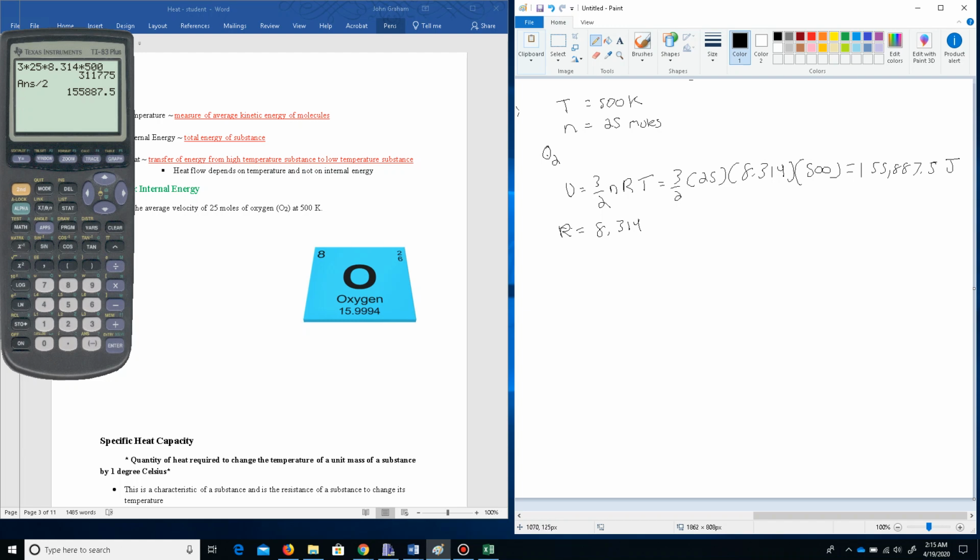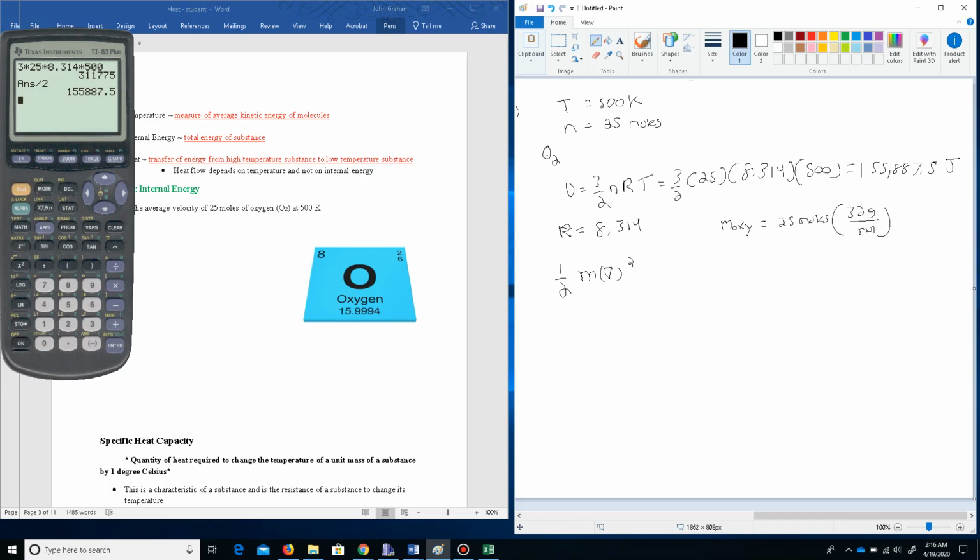Now this asks for the velocity. We want the average velocity. So this would be 1/2 m v rms squared, and we have to solve for this. The first thing we have to do is find the mass of this oxygen. So the mass of oxygen equals 25 moles times, this is 16, but we have 2 of them, so it'll be 32 grams per mole.